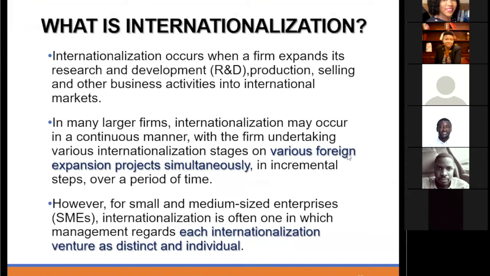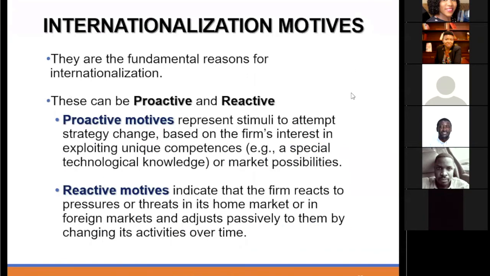So they'll usually proceed with one stage at a time and try to perfect it before they move to another stage, largely because of their limitations when it comes to resources and competencies. So that is it for internationalization and how it tends to play out depending on whether you are dealing with a larger firm or a small and medium-sized enterprise.